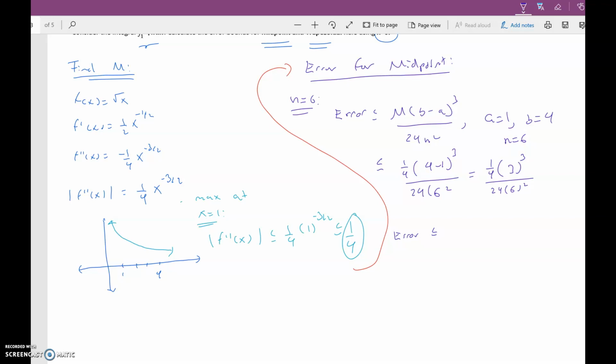So the error is going to be less than or equal to, and let me evaluate this one. Okay, so this is less than or equal to 0.007813.